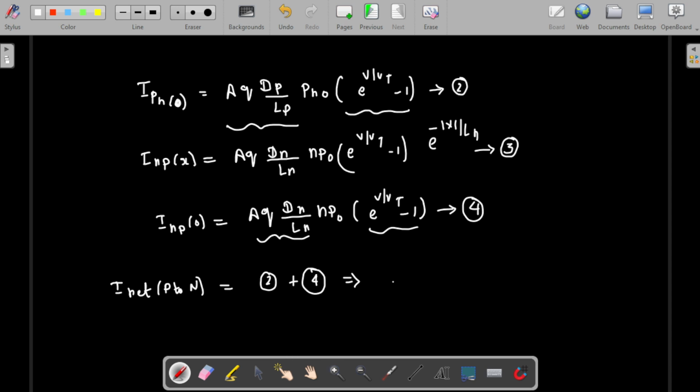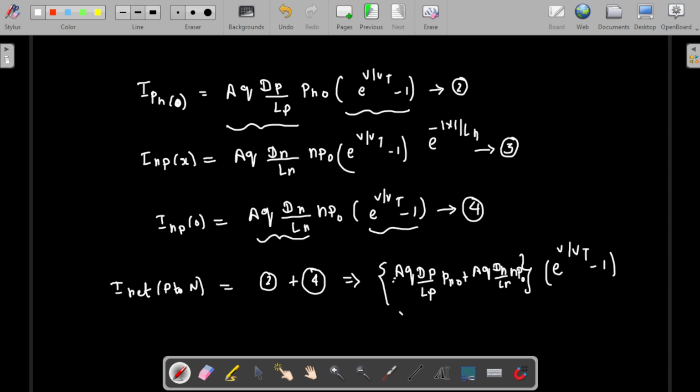So let me take that outside in a bracket. The remaining thing is AQ Dp by Lp, Pn naught plus AQ Dn by Ln, np naught.